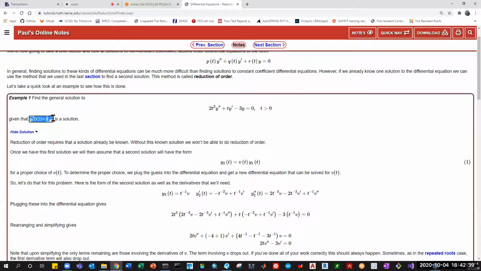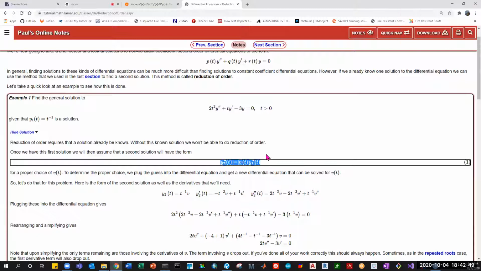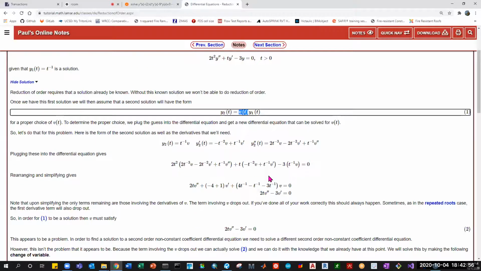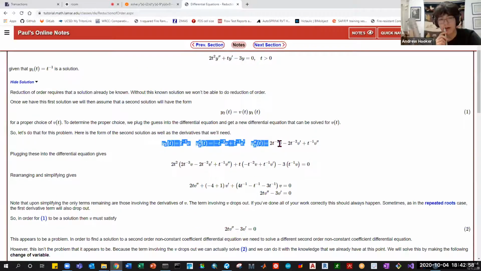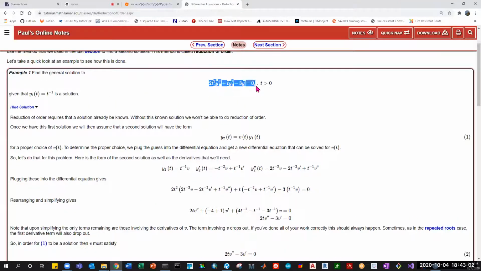So going over the steps again: you assume that first solution from the differential equation, and you get a second solution that's a function of the first solution, but you also need to put in a variable coefficient. Then you take all its derivatives, and you plug them into the differential equation.